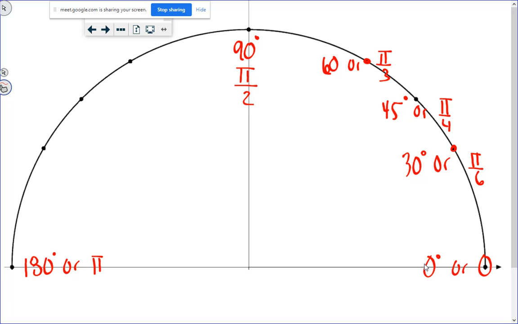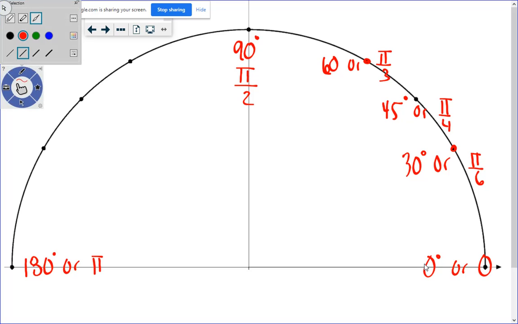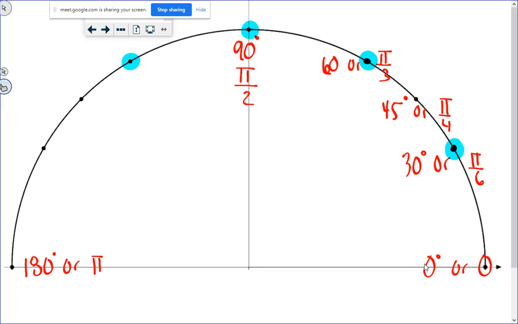Now again, if we were in class, I would be showing you with my arm. But here's what I'm going to do instead. I'm counting off right now multiples of pi over 6. So there's 1 pi over 6, 2 pi over 6, 3 pi over 6, 4 pi over 6, 5 pi over 6.